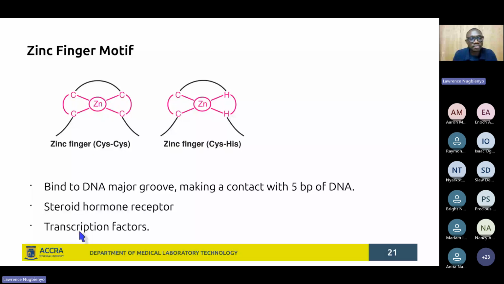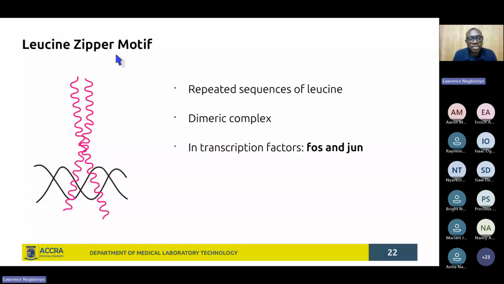You have the leucine zipper motif. This one looks like a zip, and it's called leucine zipper because it is rich in the amino acid leucine. You have some repeated sequences of leucine.